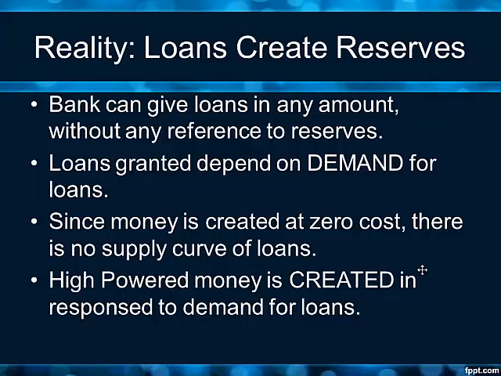There is no checking. Anybody who comes in for a loan, provided that they meet certain conditions which we will discuss, gets one. So the amount of money that is created depends on the demand for loans. Money is created at zero cost, so there is no supply curve. Any bank can create any amount of money.